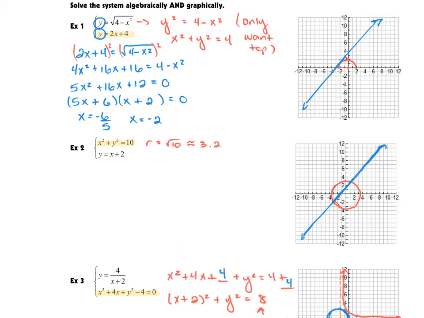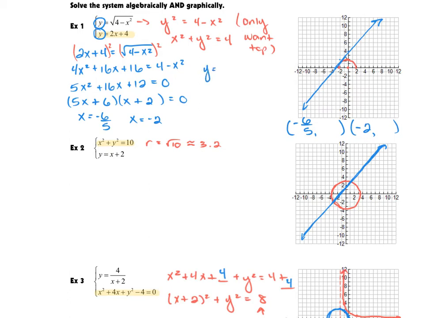Now it's going to create 2 ordered pairs specifically, and what you can do is over here to the side, you can kind of set these up as ordered pairs so that we can complete them later. It helps us kind of keep track of what we're actually doing. So we're going to substitute that negative 6/5 into one of our equations. Obviously, the line is going to be the easiest.